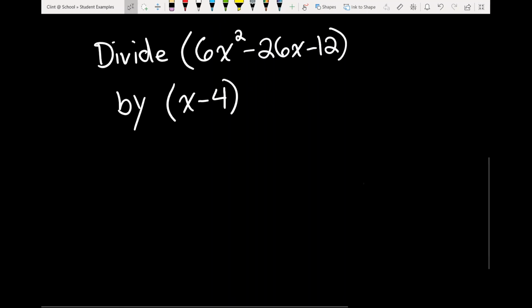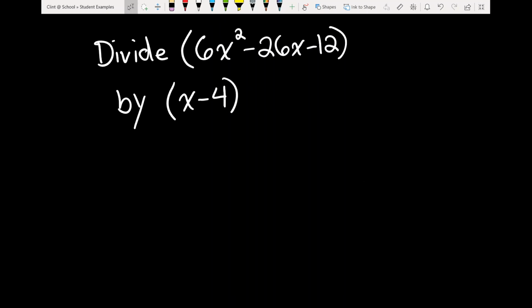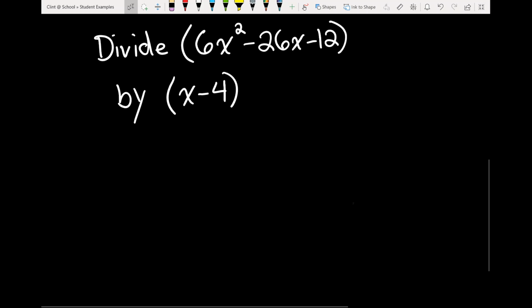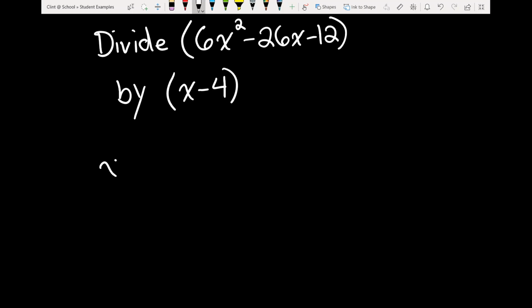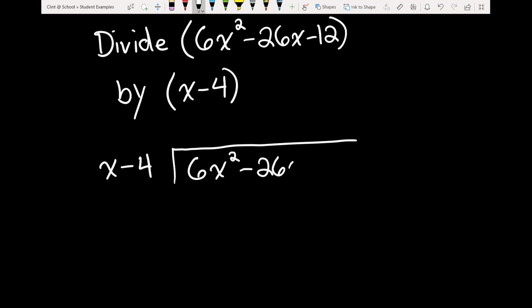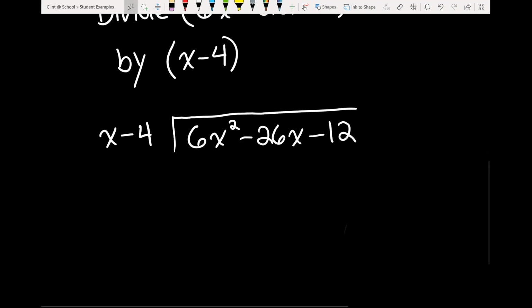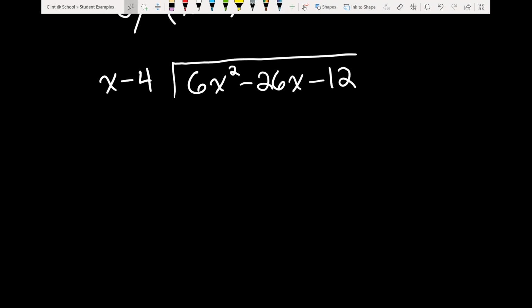Okay, that's what we're after here. So the one we're dividing by is the one that goes out in front of the little house symbol. So we have x minus 4 out here. We'll do our little house. And then the one we're dividing is 6x squared minus 26x minus 12.